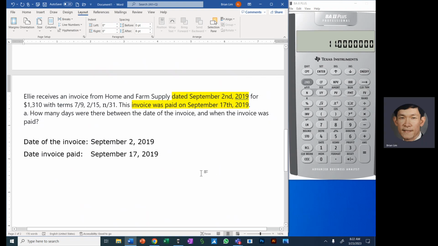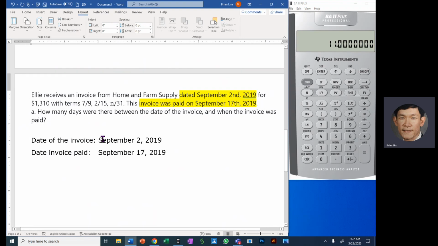So the days between these two dates, September the 2nd and September 17th, would be how much? Well, 15 days.